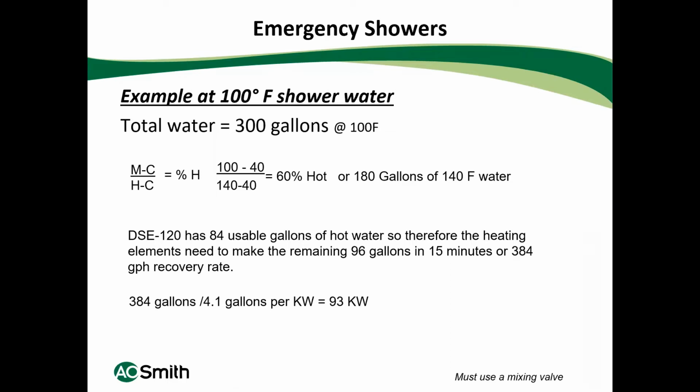You might see one at this corner of the building, another one at that corner, and another one at the other corner. So for most of those applications, I would just size it per shower and use one water heater per shower. Unless there's several of them, then at that point you can either twin 2 of these heaters together or go with any of our custom heaters.